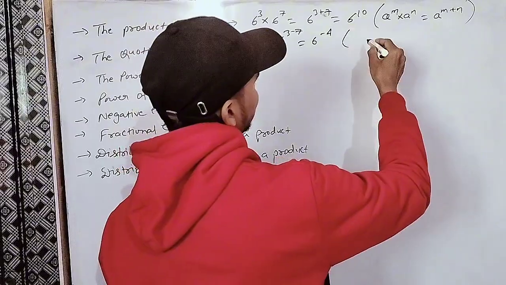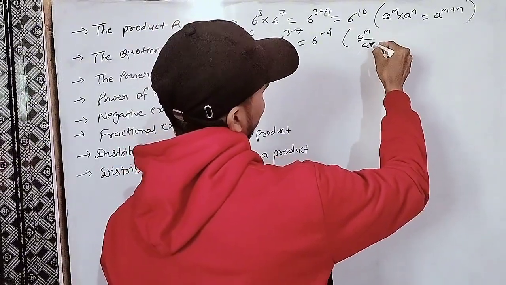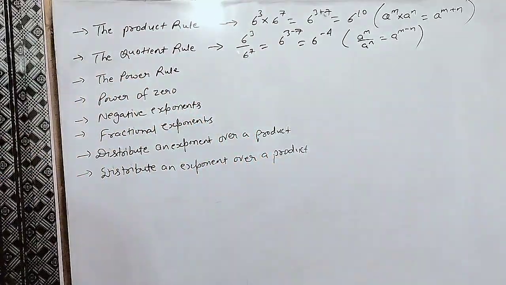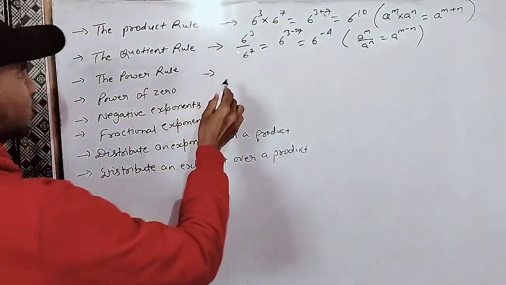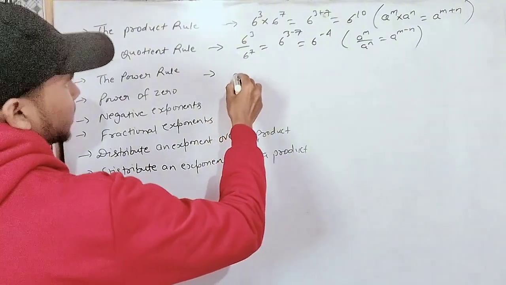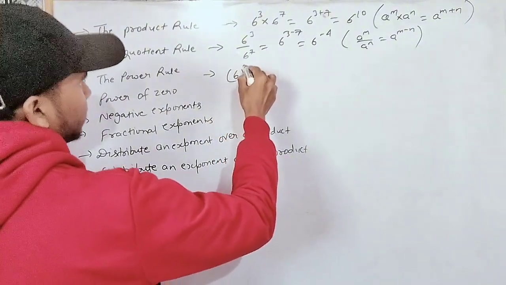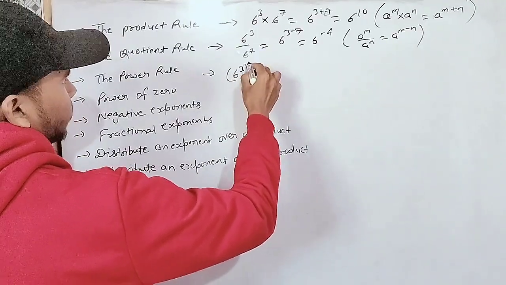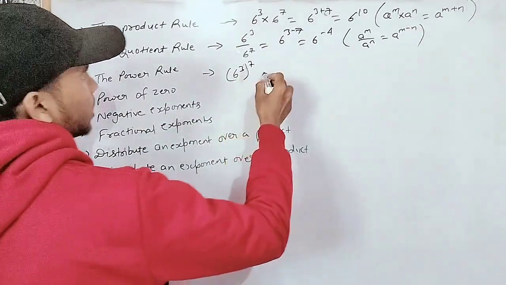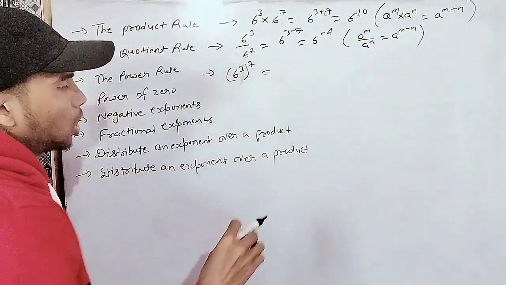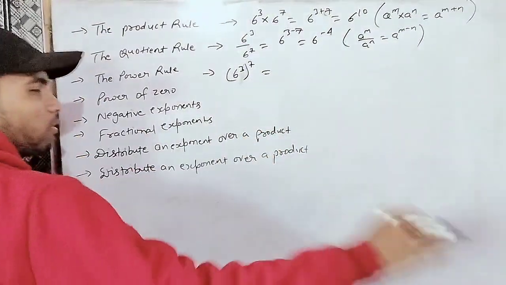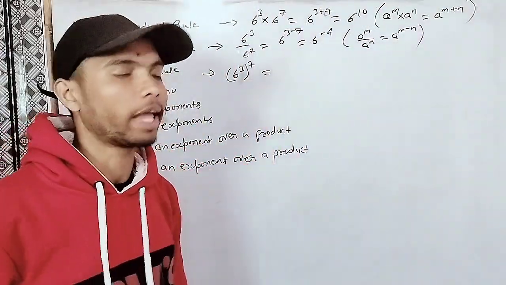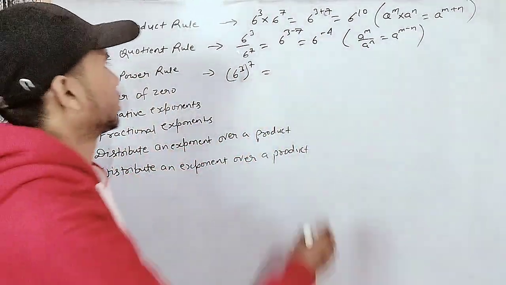And it can be written as a to the power minus, like that. Yeah. The power rule says 6 is with exponent 3, then we have 7. This is a problem. Okay, now in the case of the power rule, whatever exponents we have, we will just multiply all the exponents together.